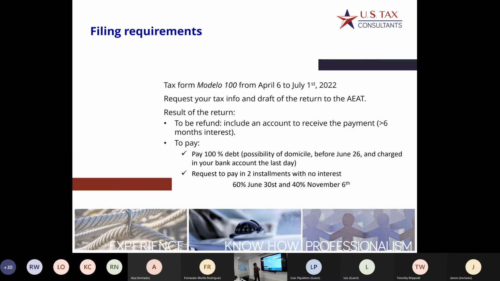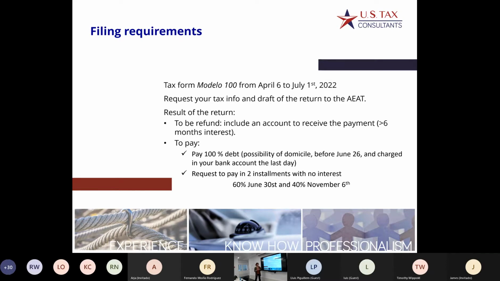Okay, for this year, 2022, the term to file is April 6, which is tomorrow, until July 1st. You can request from the Spanish Tax Administration the tax info, where it shows more or less the Spanish information they have on you.